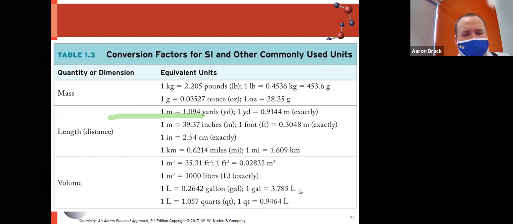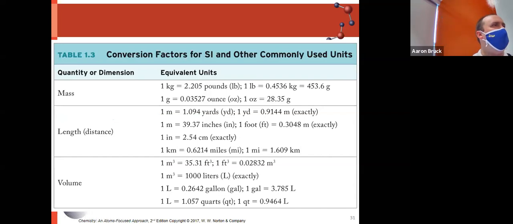This is an example of all of the different types of conversion factors that are in existence between the customary system and the metric or SI system. Now, this is an extensive list. One thing I want to point out to you though, this is not something that you need to memorize.